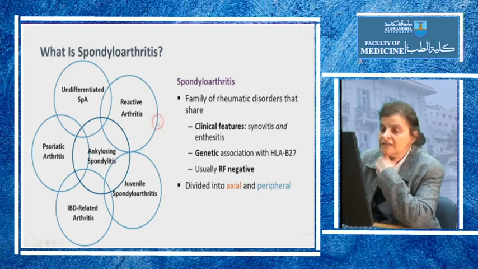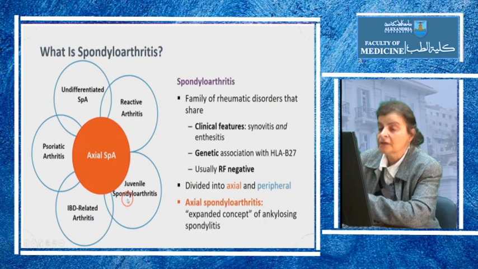As you see, these are the different entities: axial spondyloarthritis, reactive arthritis, undifferentiated spondyloarthritis, psoriatic arthritis, inflammatory bowel disease related arthritis, and when it occurs in individuals less than the age of 16, we call it juvenile spondyloarthritis.